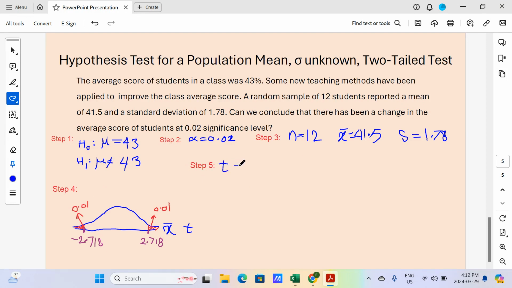The t-value of x bar is x bar minus mu over s over square root of n. So x bar is 41.5, mu, the population mean, is 43, s is 1.78, and n, the sample size, is 12. Let's go to Excel to find this t-value of x bar.